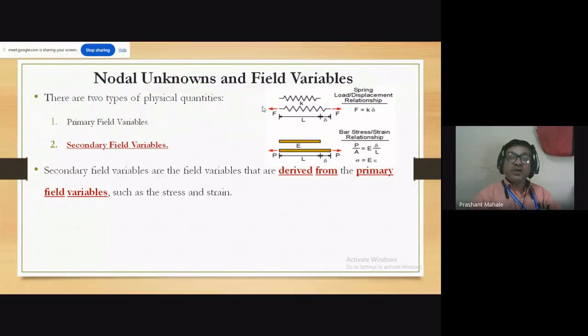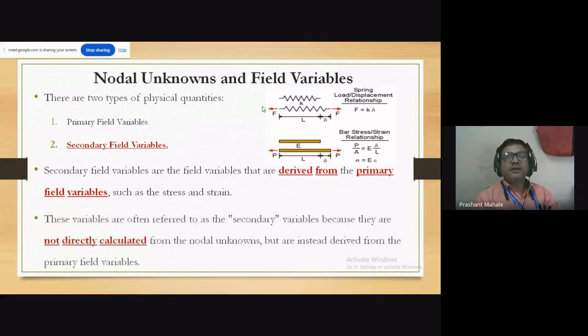The stress is derived from strain using a relation like that. Primary variables are going to help you derive other variables which are required for our analysis. Parameters which are derived from the primary are going to be called secondary field variables, right?